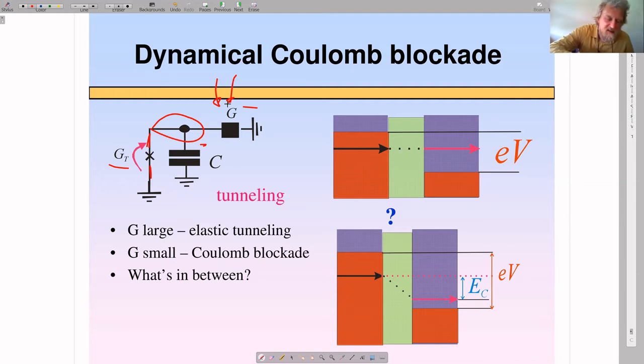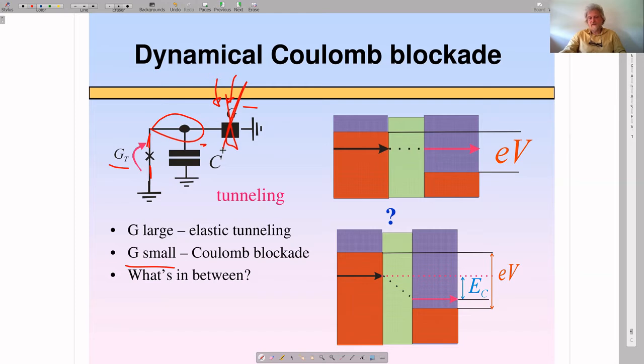If this conductance is small, let's just put it to 0, and there is no connection whatsoever. What we will have there is tunneling to a Coulomb island, which means that tunneling cannot proceed at small voltages, at small energy differences. No tunneling would occur until a certain voltage.